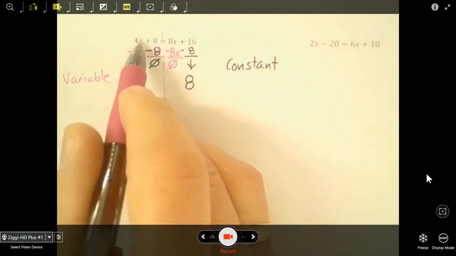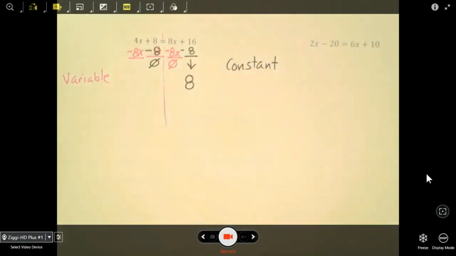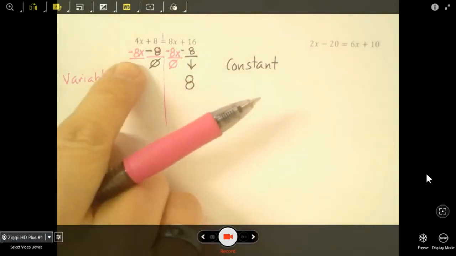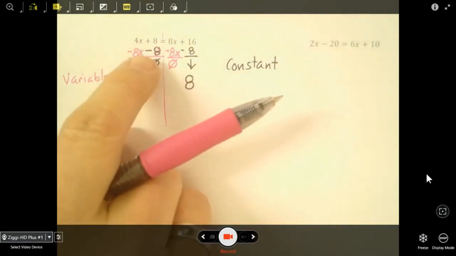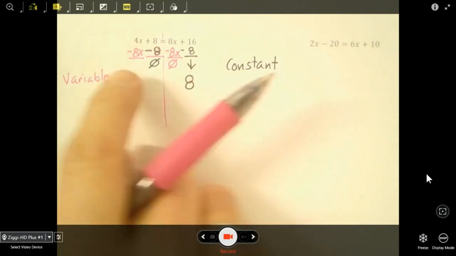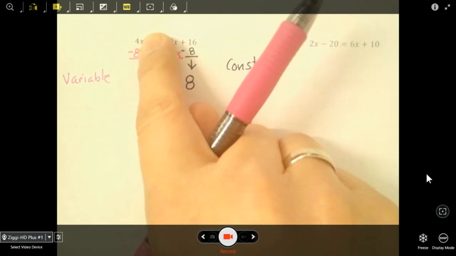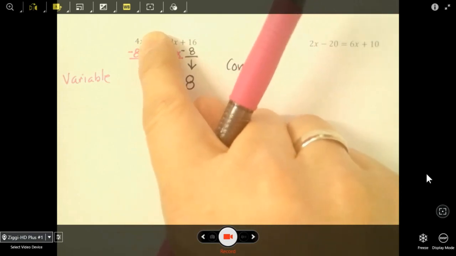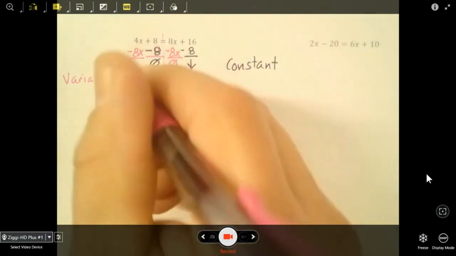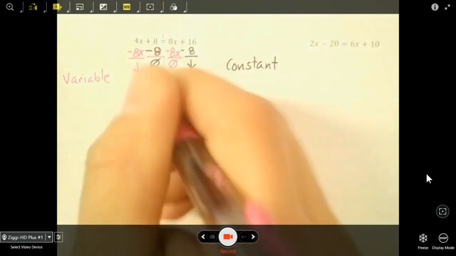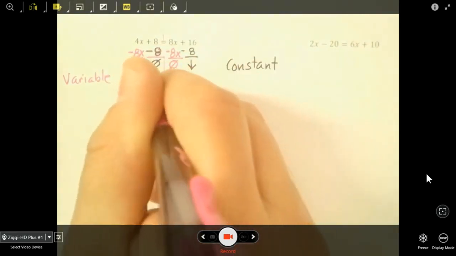Now, I have 4x's minus 8x's. And like I've told you previously, whenever you're subtracting variables from each other, you cannot put the x in a calculator because it'll give you an error. But what we can do is ignore the x for a moment and just subtract the coefficient. In other words, I'm going to subtract 4 minus 8. So I am going to go ahead and write an x down here because we know we're going to have an x after the number.